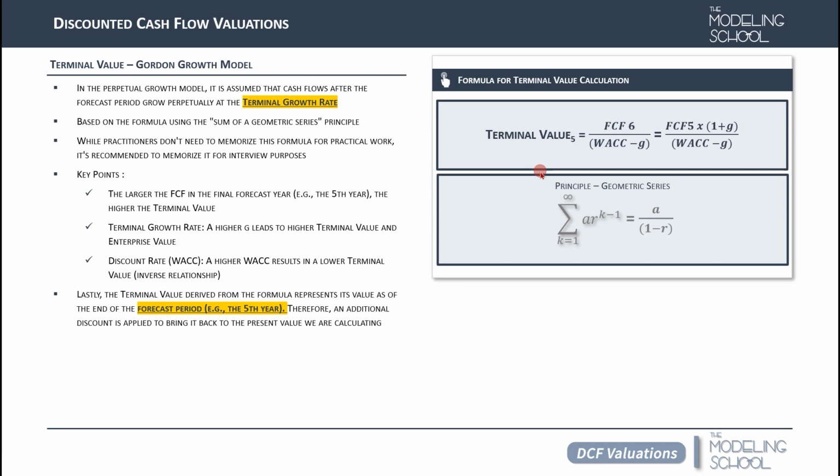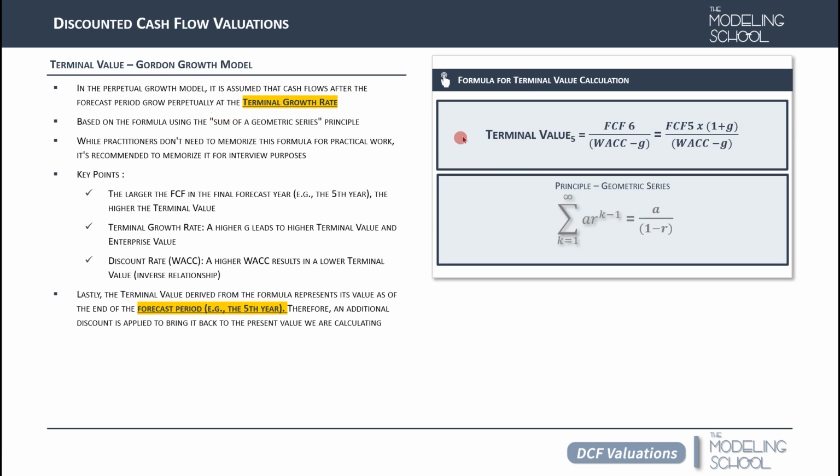And one additional point is that if we use this formula, whatever terminal value we calculate is the value viewed from the perspective of the fifth year. So you're standing at the viewpoint of the fifth year, and we can say that it's the enterprise value viewed from the fifth year. But we're standing at the present, so if you want to use this formula, we do have to discount it for an additional 5 years.